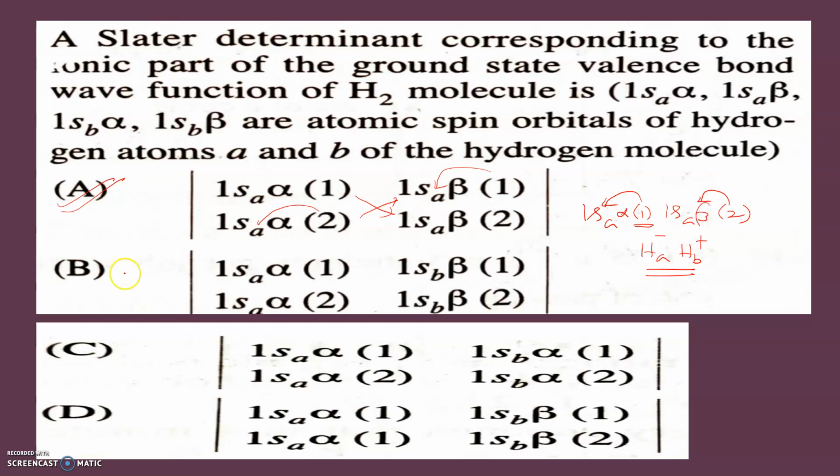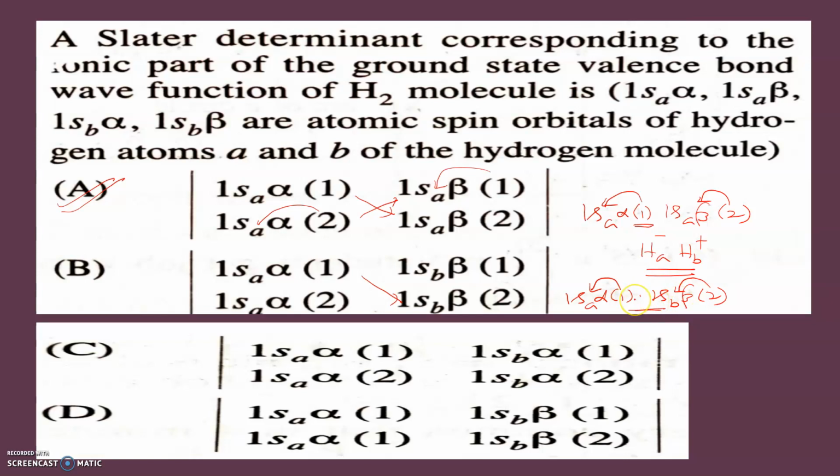If you want, just check option B. If you do cross multiplication, you will get the function 1s A alpha 1 into 1s B beta 2. See here, electron 1 is associated with the nucleus A, whereas electron 2 is associated with the nucleus B. So this term corresponds to the covalent nature of the molecule.